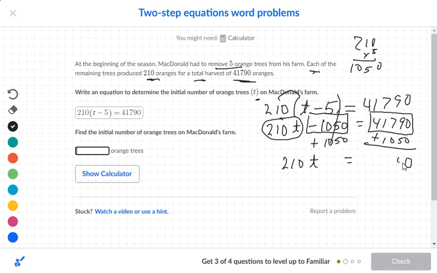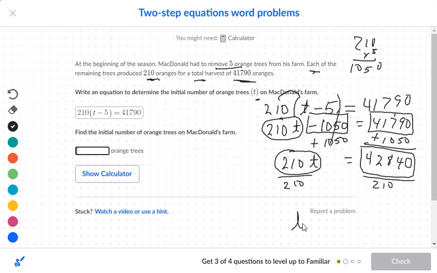We have 0, we have 4, we have 8, we have 2, and we have circles and a box. So I want to divide by 210. So when I divide by 210, we can figure out what T is.